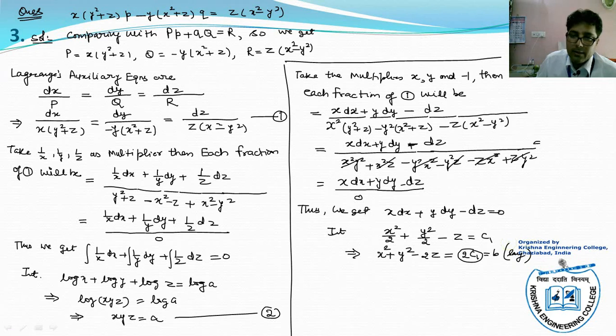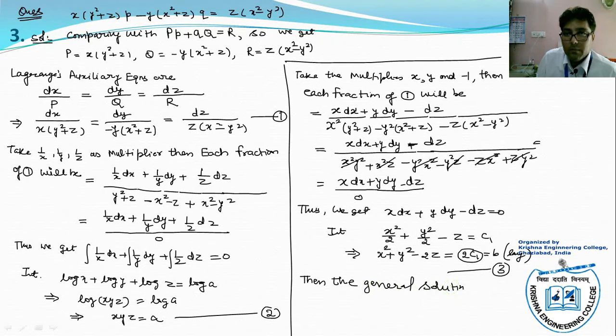Clear? So we get two independent solutions, equation number 2 and equation number 4. Now write the complete solution or general solution. Then the general solution is phi a comma b is equal to 0.